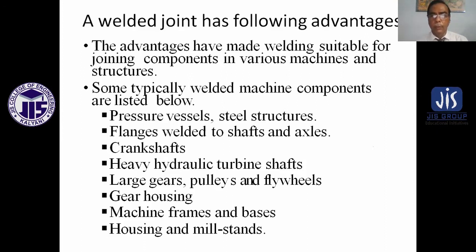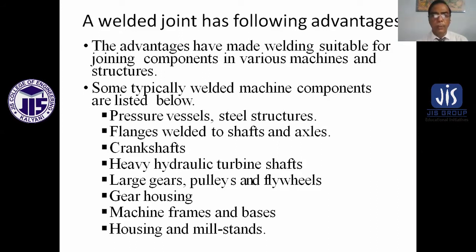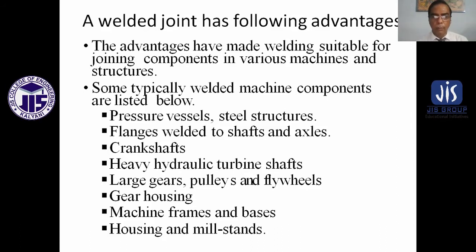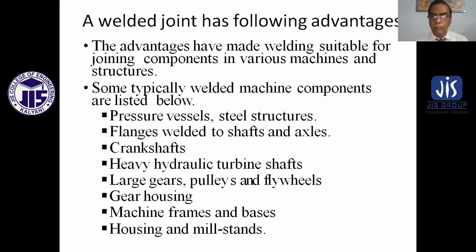Some typically welded machine components are listed below: pressure vessels, steel structures, flanges welded to shafts and axles, crankshafts, heavy hydraulic turbine shafts, large gears, pulleys, and flywheels, gear housing, machine frames and bases, housing, and mill stands. The above machine equipment is welded and joined together to make a complete machine.